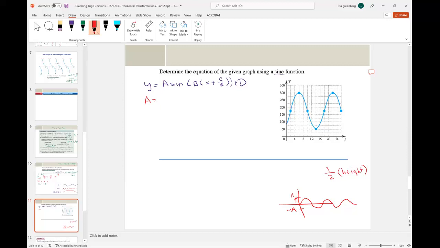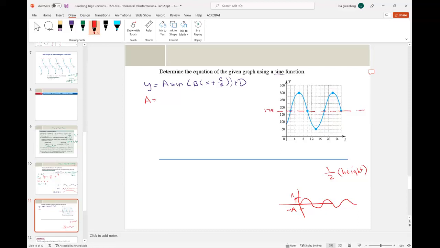So is it 125? I believe it's actually, yeah, it is, because we can see that here's really the middle of my graph, right where these points are, and this is at 175. Can you see that that's the middle and that's at 175? Yeah.